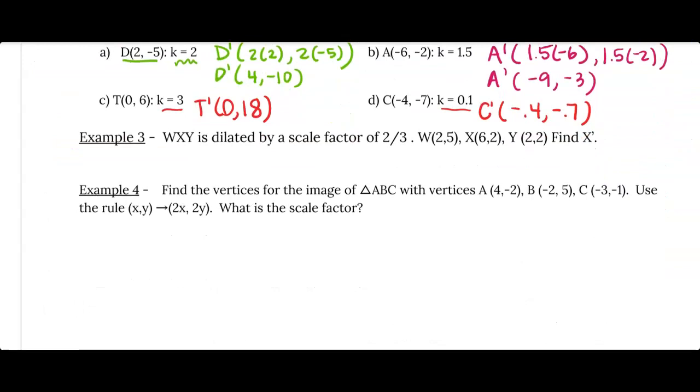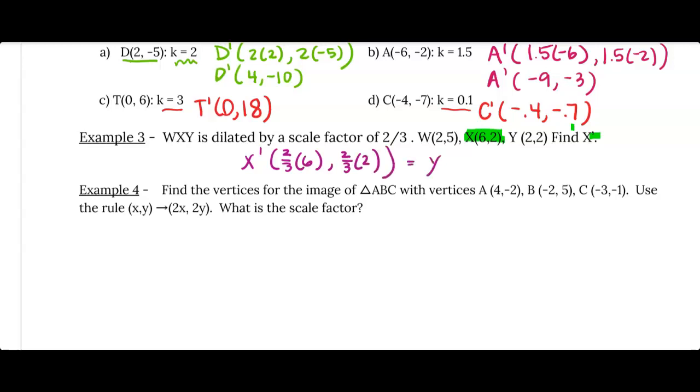Looking at example 3, they tell us that WXY is dilated by a scale factor of 2/3. Then they give us the points W, X, and Y. They want us to find X prime. So that means we're just going to look at X. And we're just going to multiply both 6 and 2 by 2/3. So X prime will happen at the point 2/3 times 6 and 2/3 times 2.